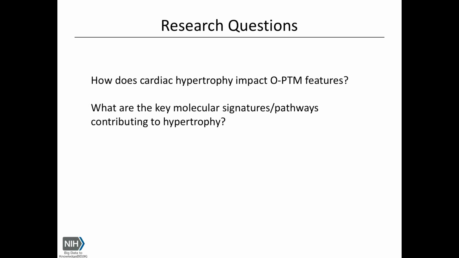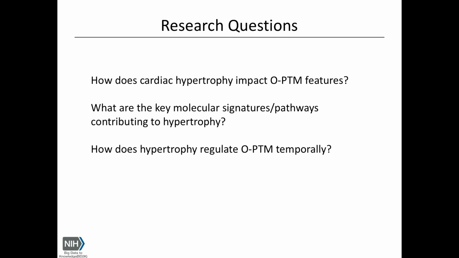To more comprehensively understand the interplay between O-PTMs and cardiac hypertrophy, we formulated 4 major research questions. At the most basic level, how does cardiac hypertrophy impact O-PTM features? To more accurately and precisely phenotype cardiac hypertrophy, what are the key molecular signatures or pathways contributing to hypertrophy?